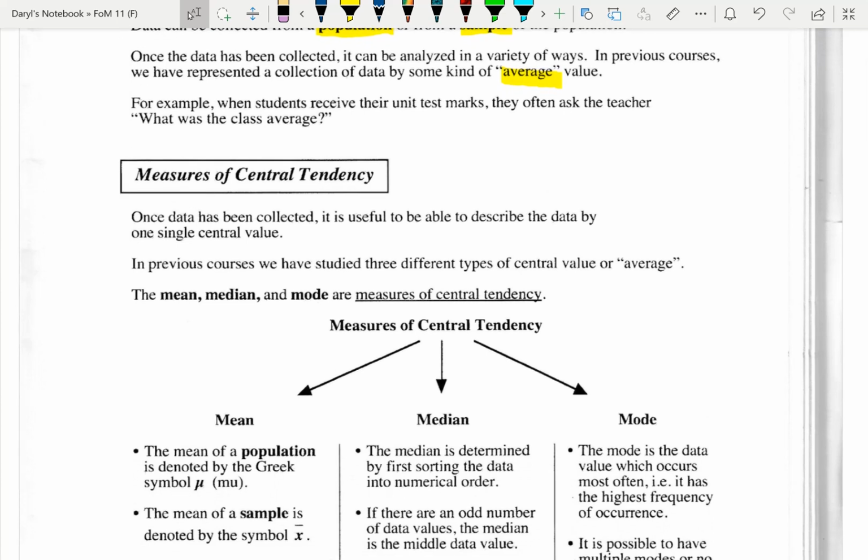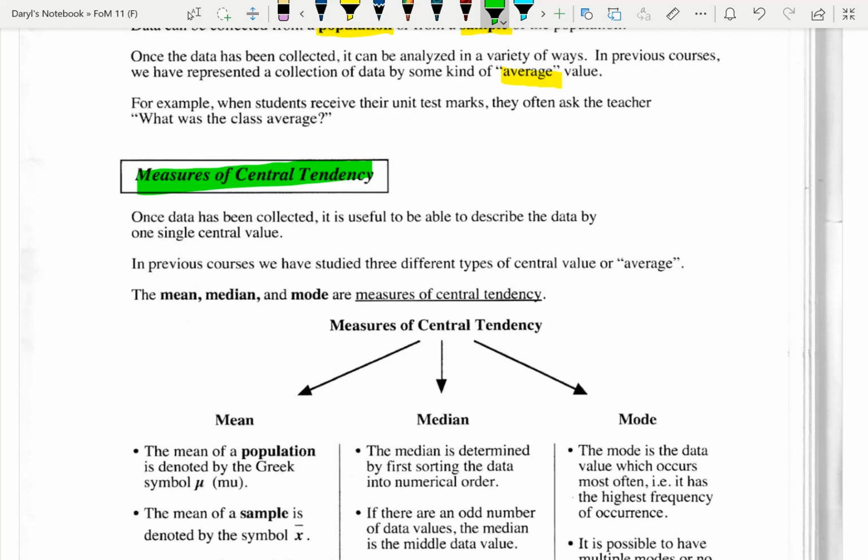There are terms that you will be encountering in this particular lesson. We call them the measures of central tendency. Once data has been collected, it is useful to be able to describe the data by one single central value.